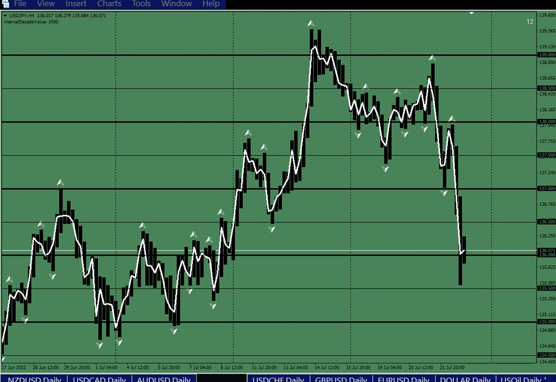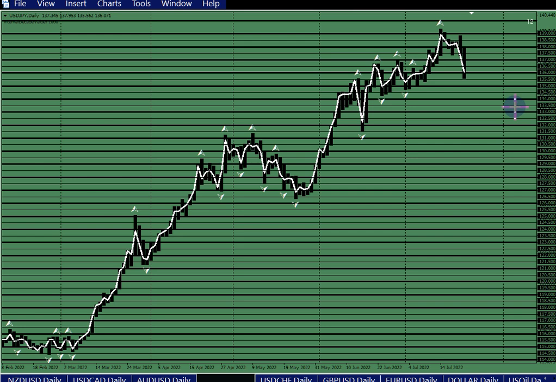Let's go to the daily. Looking at the daily, it's a low frequency trading setup, right? You sell these fractals for this trade, you sell this fractal for this trade. You could have sold this fractal, and this one you never got filled, right? If you got to sell here, you got filled.